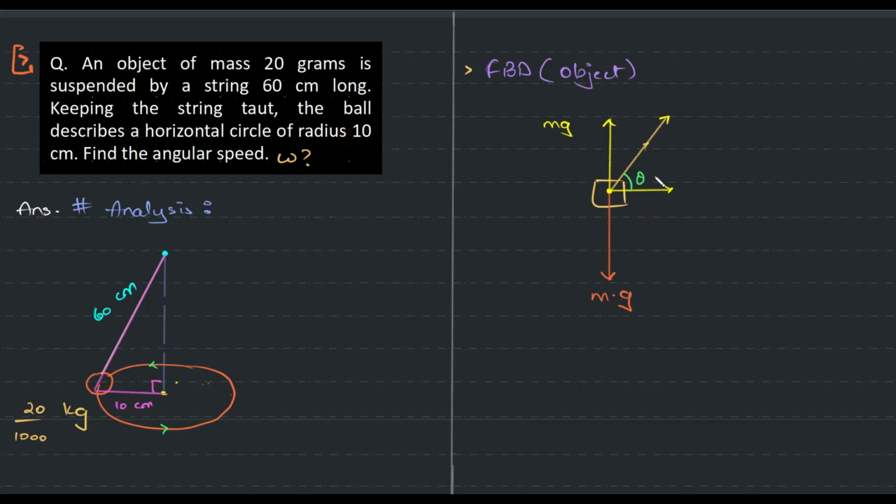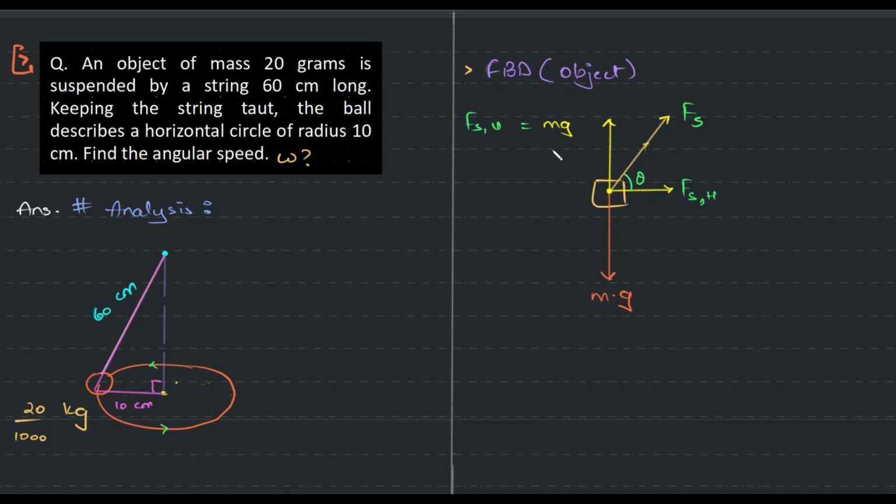If I consider this as theta, you have to do a bit of math. So this is the force along the string, and this is the string component along the horizontal, and this is the force of string along the vertical.